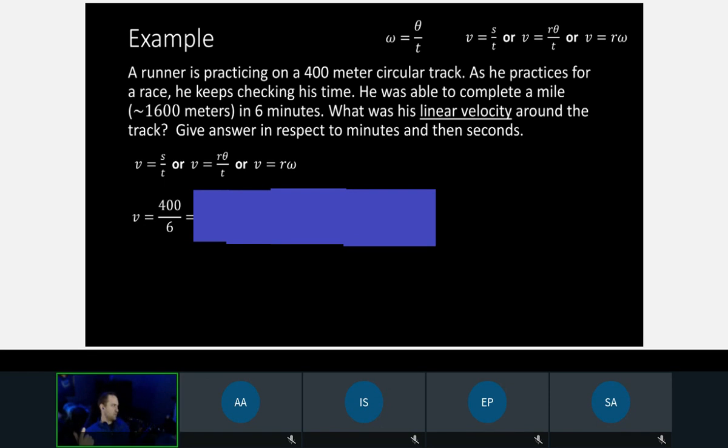Oh man, I messed this problem up again. Because in 6 minutes, he ran 1,600 meters. So the sector length here is actually going to be 1,600 and not 400. Whoops, messed that one up again.